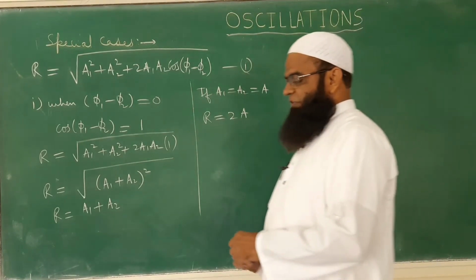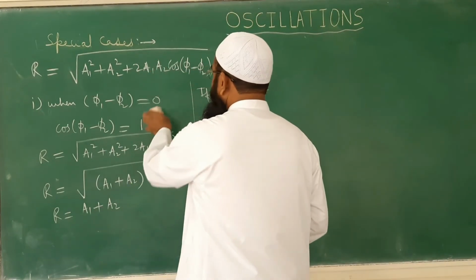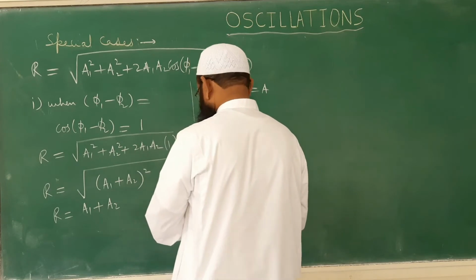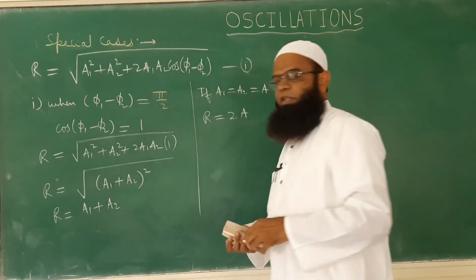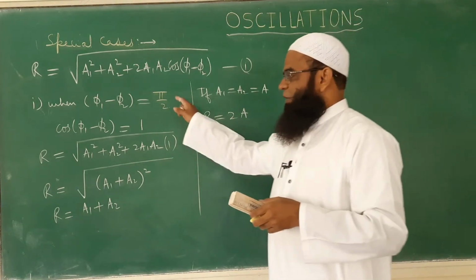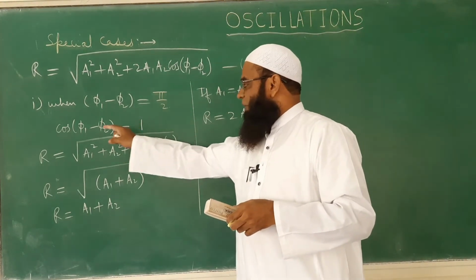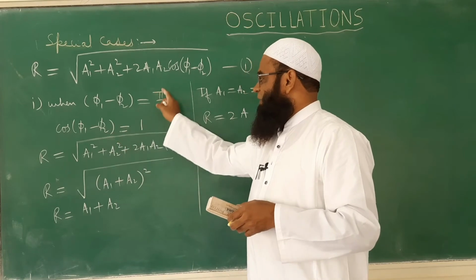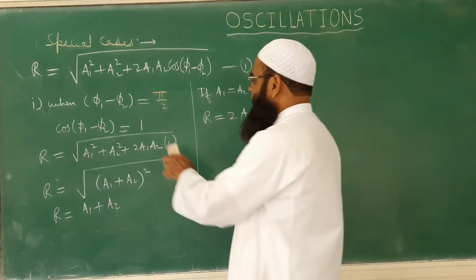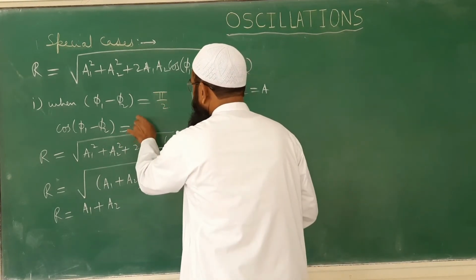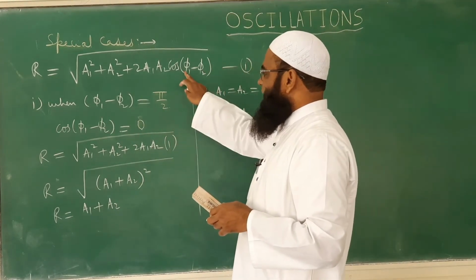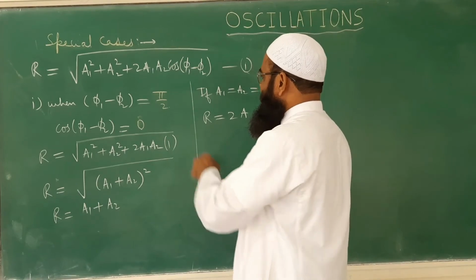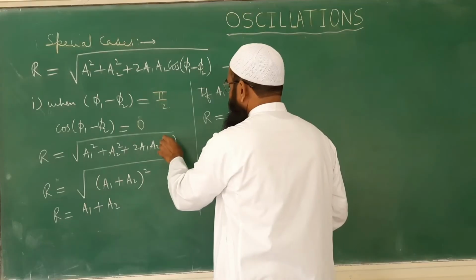Now the second case we will see when phi 1 minus phi 2 is equal to pi by 2, that is 90 degrees. When the phase difference is pi by 2, we know cos phi 1 minus phi 2, that is cos pi by 2, cos 90 is 0. If we substitute this value in equation 1, in place of cos phi 1 minus phi 2 we get 0.